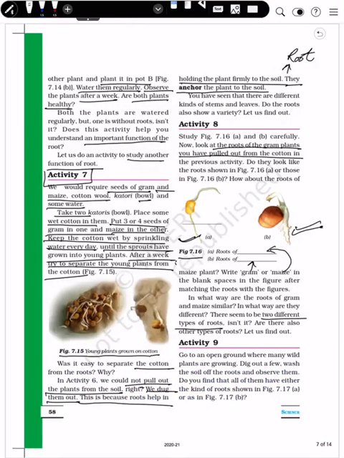Now if we want to study about the different types of roots, again we will do one more activity. For this, we will go to the open ground where many wild plants are growing. We will dig out a few of them.